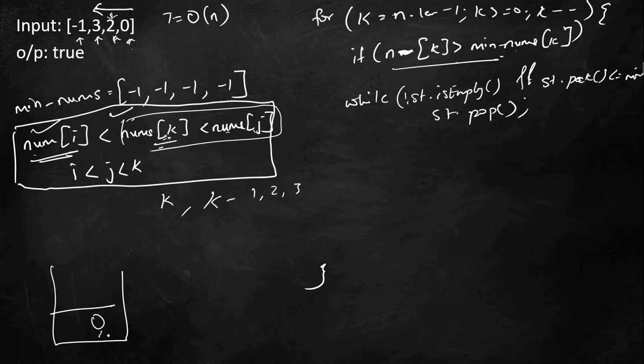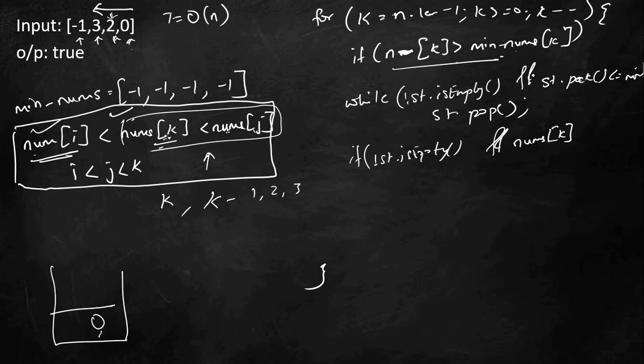Why I need to pop it? Because if it is less than or equal to min, then it will never satisfy this condition. Even if I move forward, on the left side, it will never satisfy this condition. So I can very well pop that element from the stack. And after that, if there is still any element, that means if the stack is still not empty, I can check this condition. So this nums of j is my current nums of k, this is my current k value.